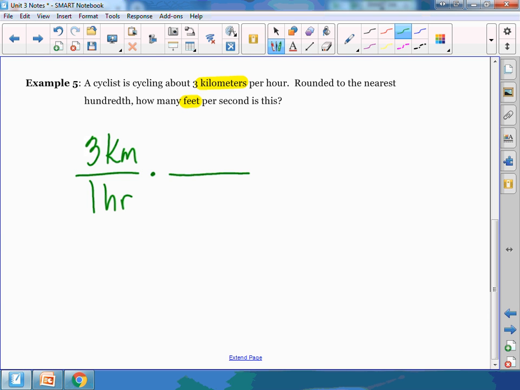I need a conversion factor that's going to get rid of the kilometers and replace it with miles. And you could have gone another route, but I just chose this one. Brooke? Yeah, if you look in that first section there in the bottom left, 1 mile is approximately 1.609 kilometers.